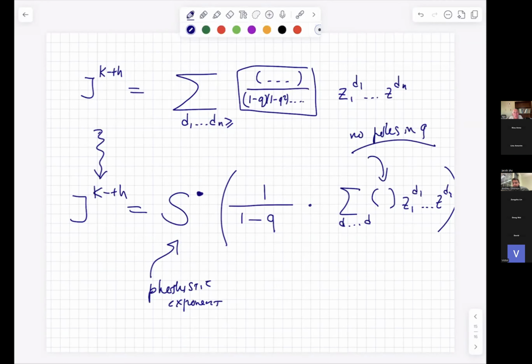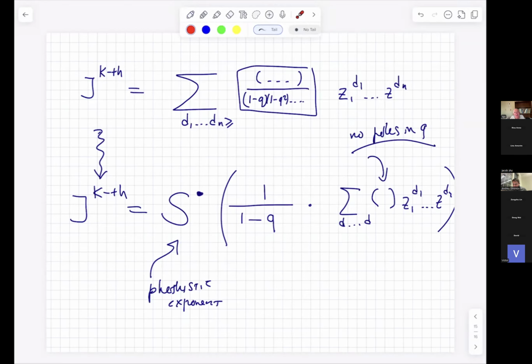That's what people were struggling for. And in the refined one, they do not have poles. With zero knowledge about the left-hand side, I would say that this should be true.